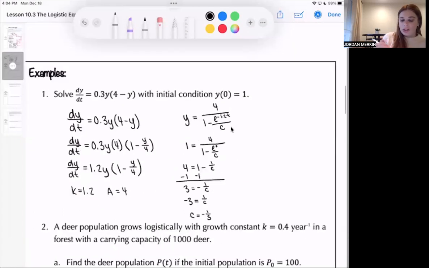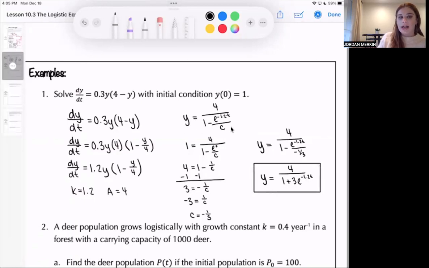And so your solution to this differential equation is y equals 4 over 1 minus e to the negative 1.2t divided by negative 1/3. Well, dividing by negative 1/3 is the same as multiplying by 3. So you can write it as y equals 4 over 1 plus 3 e to the negative 1.2t.